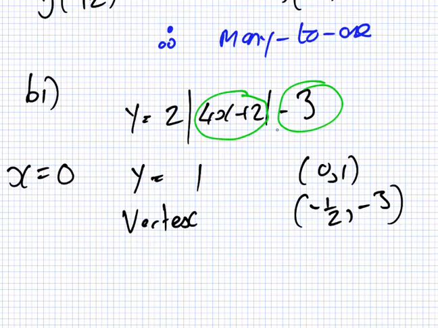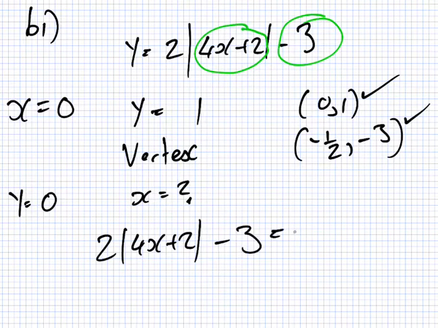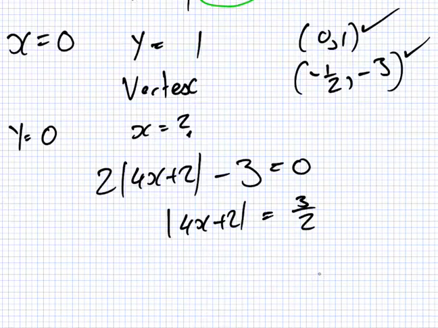The more difficult one to find is when y equals 0. To find what the x is, we have 2 absolute 4x plus 2 minus 3 equals 0. Absolute 4x plus 2 equals 3 over 2.